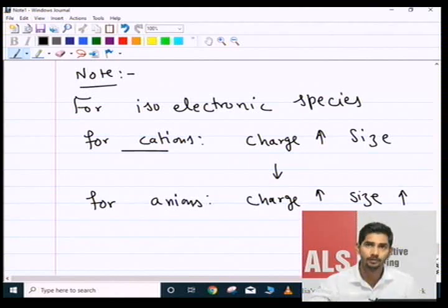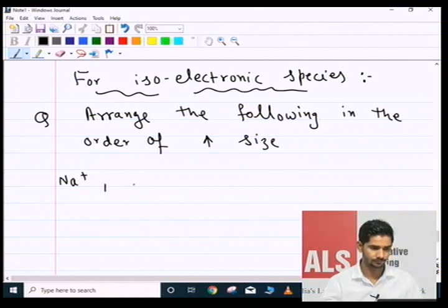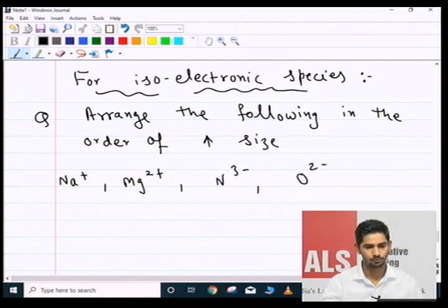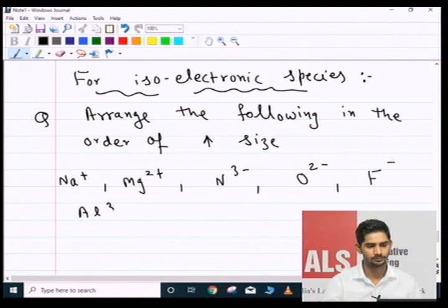Okay guys, let's do that question. In the question, we have Na+, Mg2+, N3-, O2-, F-, Al3+.